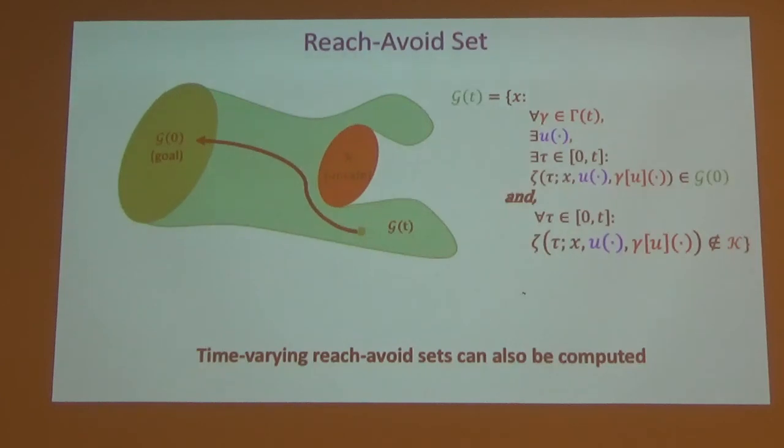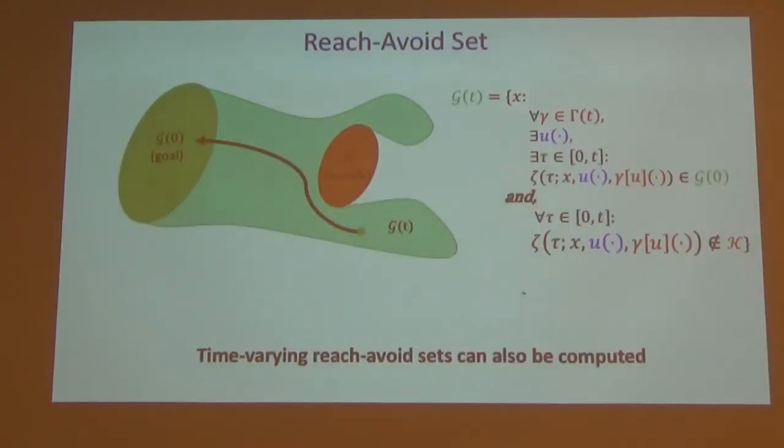Both my target set and my avoid set can be time varying, and it is still a single Hamilton-Jacobi PDE that we require to compute these sets. Indeed, for the UAV application, the San Francisco example where 50 UAVs are flying, we were using time-varying reachability. And Sylvia will talk about that later on more.